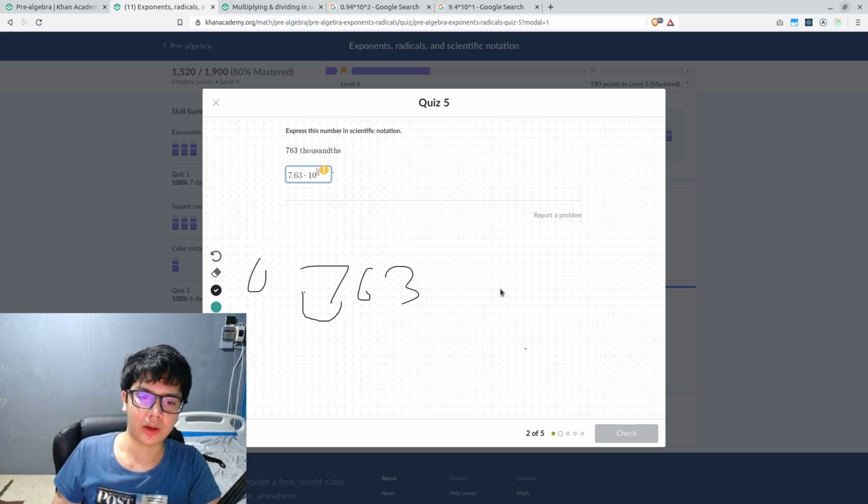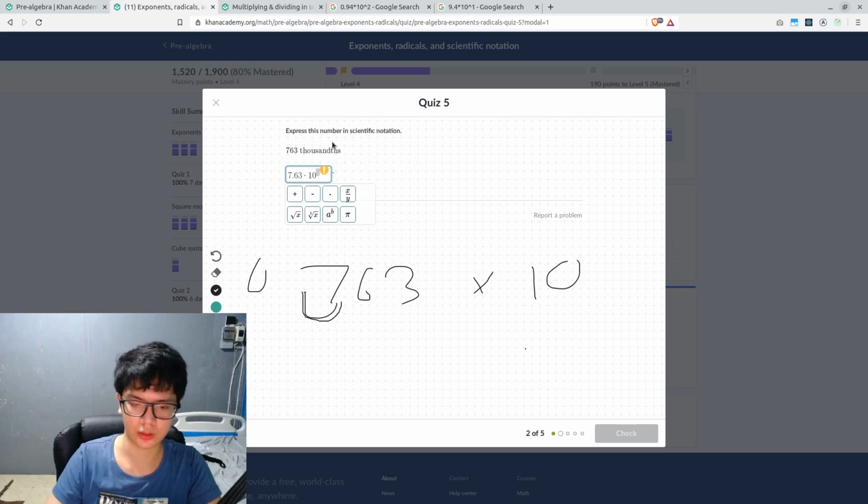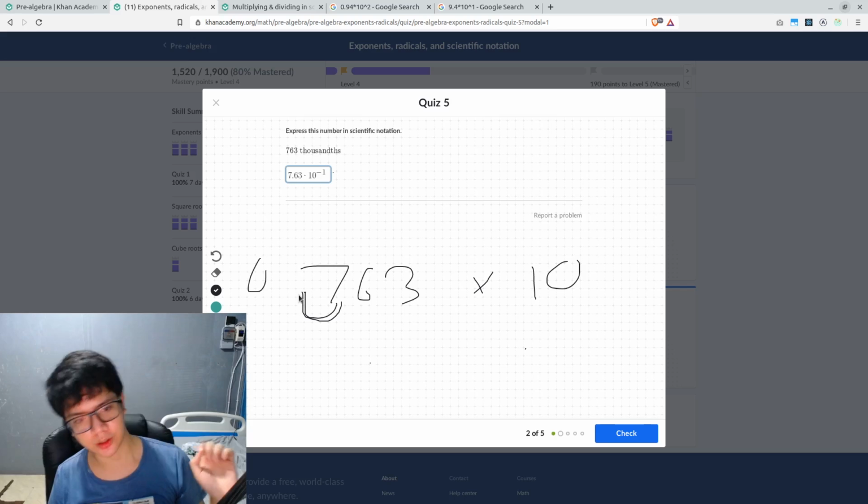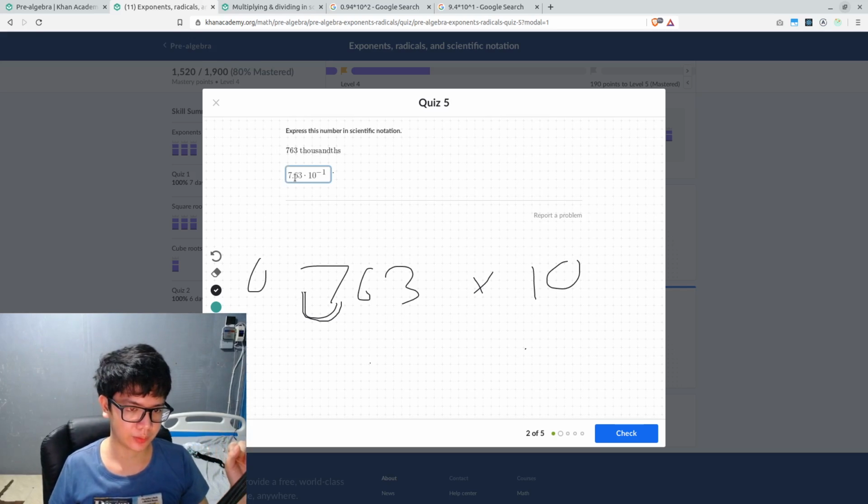Say it's thousands, then multiply by 10, and then how many is 1, right? So 1 times 10 to the 1. I don't know how I feel about this.